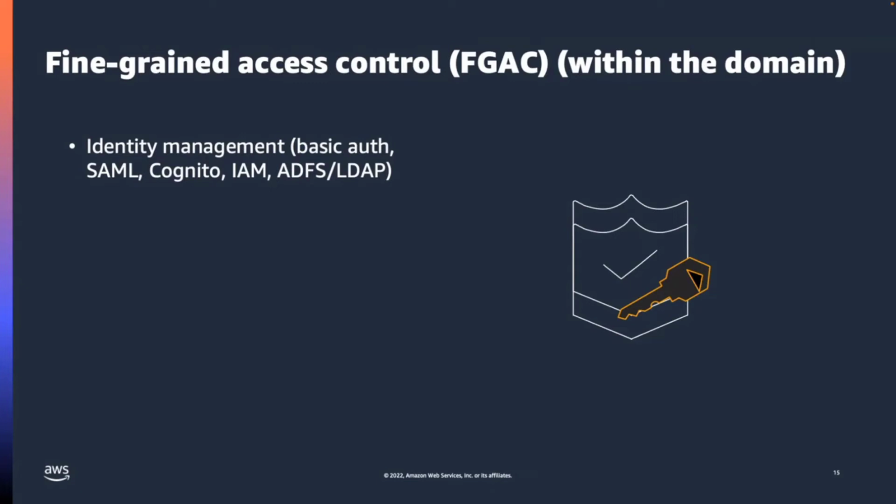You can have basic authentication with local users. It's like a local user database on your cluster, right? You can define these users, add them in the cluster itself, and give them the access.